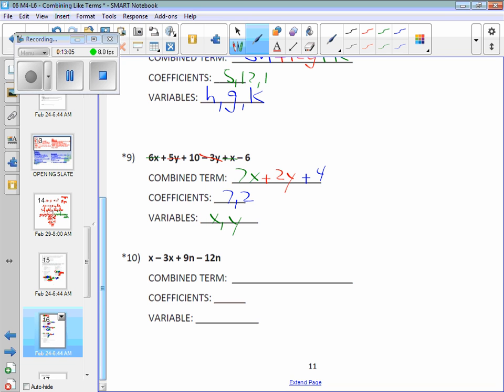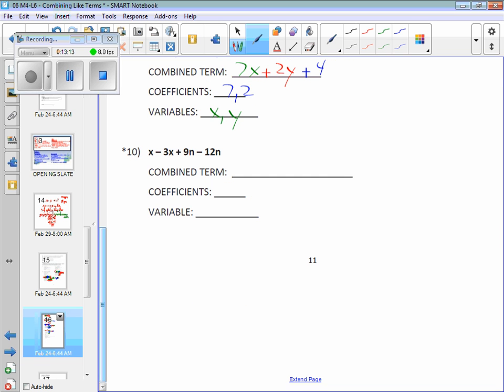10 is tricky, but most of you got it. Viv, let's do it. Viv wrote it both ways, which I thought was kind of cool. There's one answer, but there's 2 ways in which to write it. Viv, starting out with how many x's? You take away 1 minus 3, and you wind up with what?